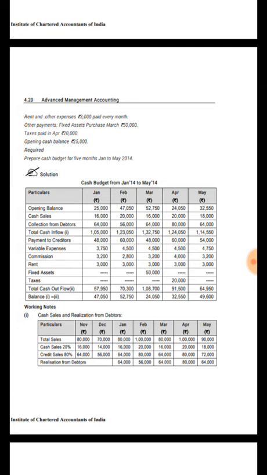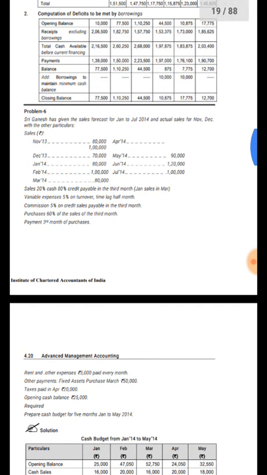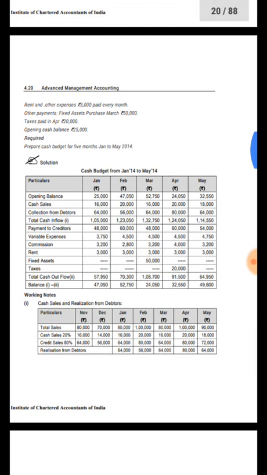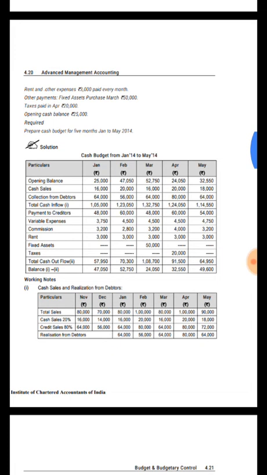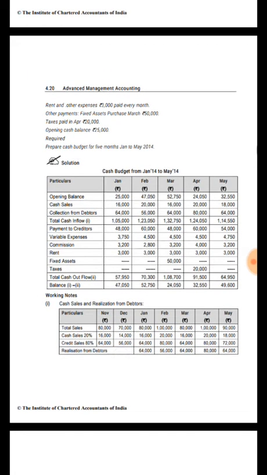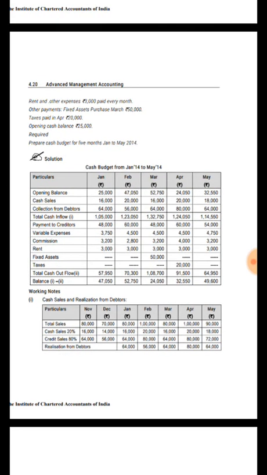And what they said, credit is payable in the third month. So November is payable in January. So see, realization from debtors: this 64,000 is payable in January, 50,000 of December is payable in Feb, this 64,000 of Jan is payable in March.